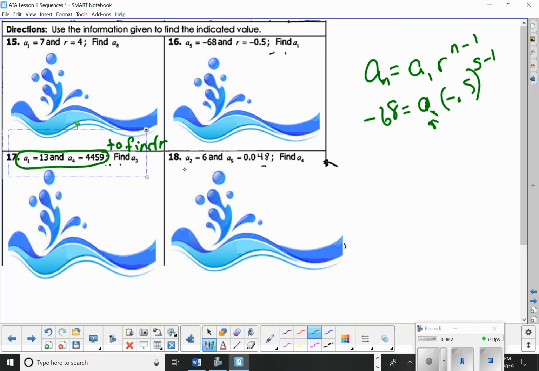Pretend like if you've got a sub 1, a sub 2, a sub 3, a sub 4, a sub 5, but I know these. Well, then couldn't this be 1, 2, 3, 4? So just change the subscript here, find r, and then you can find a sub 3 or go back and find a sub 4, whichever. Try these, and then I'll come back and expose them.